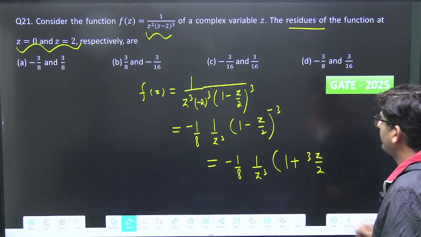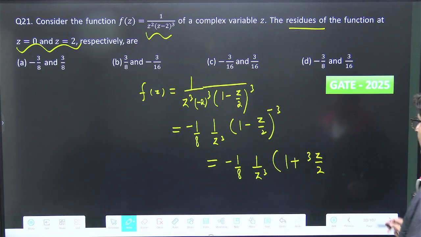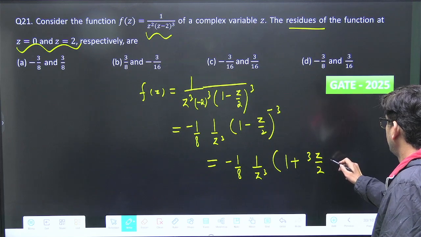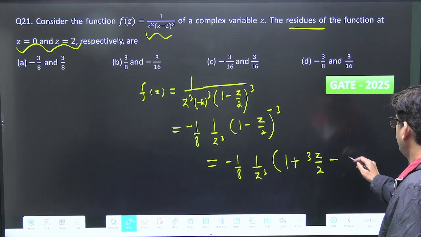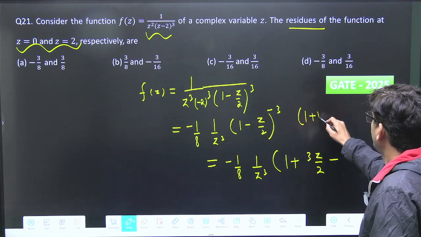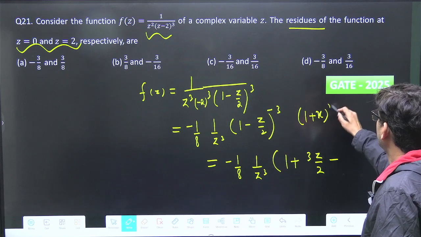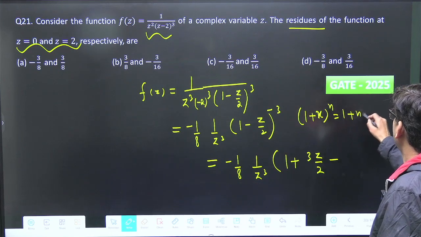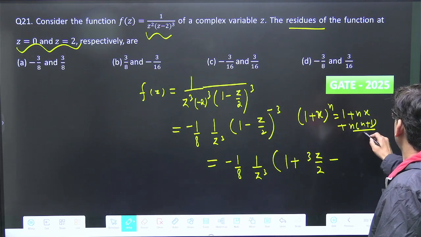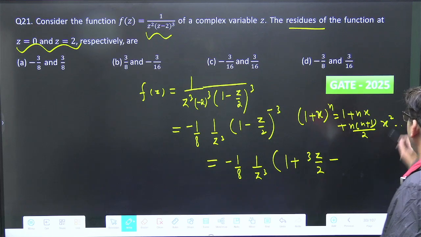So (1 plus x) to the power n. You know this binomial expansion: 1 plus nx plus n(n minus 1) by 2 x square, like that.